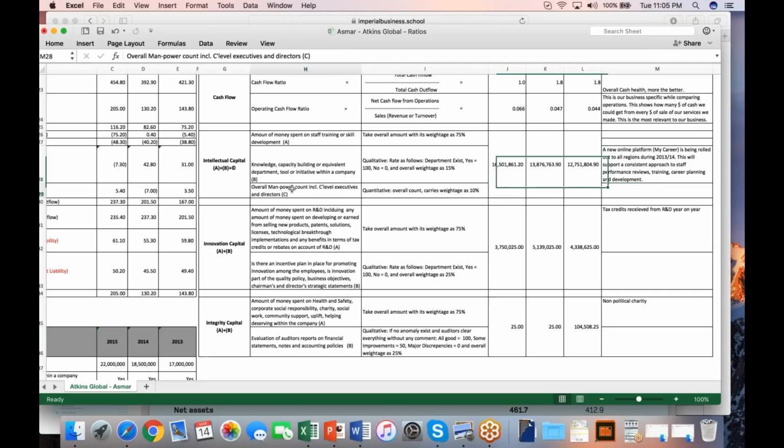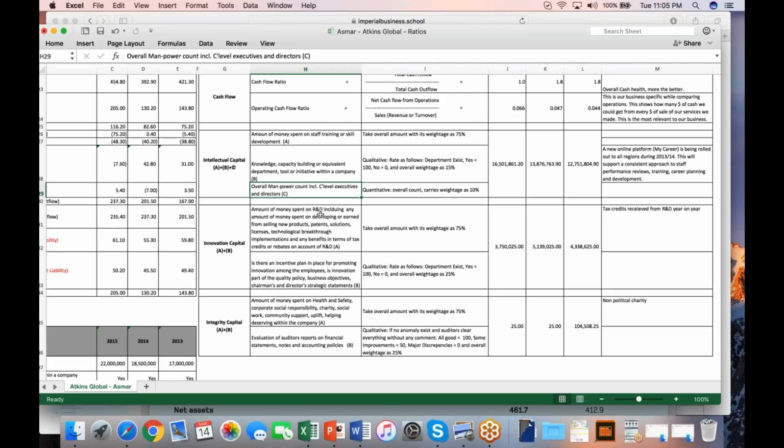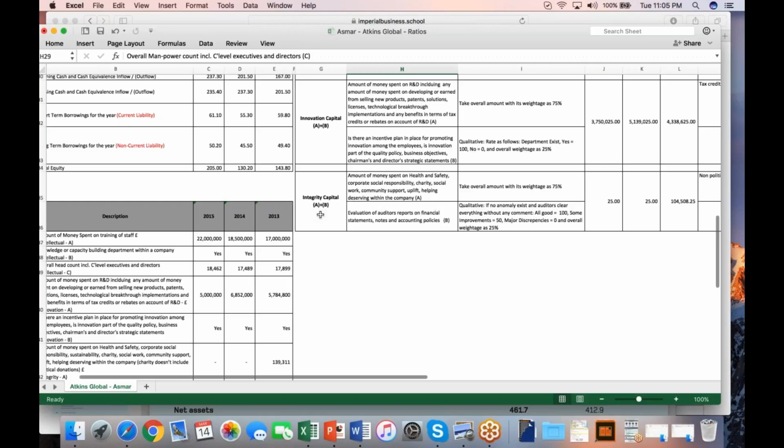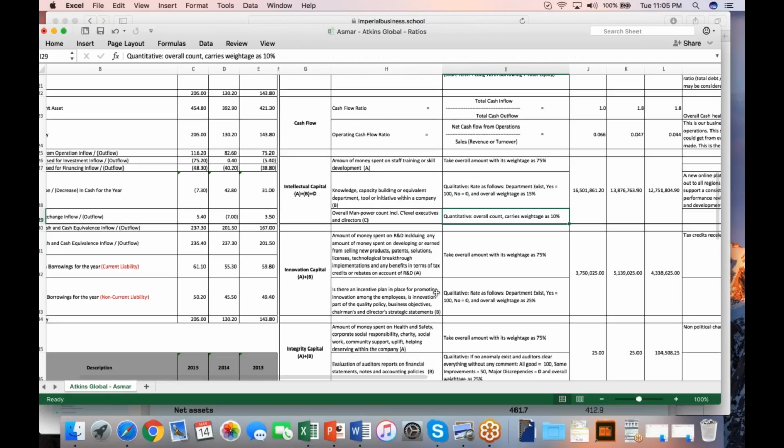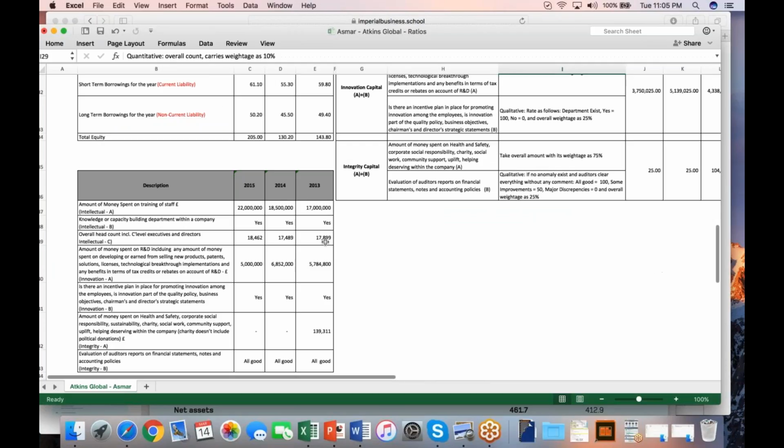And then the last one is overall manpower count, including C-level executives and directors. The overall manpower count is 17,000, which is obviously a lesser indicator, 10%, but it constitutes the overall intellect the company has. I also wanted to calculate another ratio: how much money they are spending in total on staff training and how much staff they have.